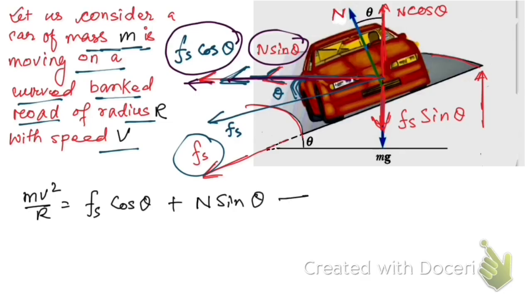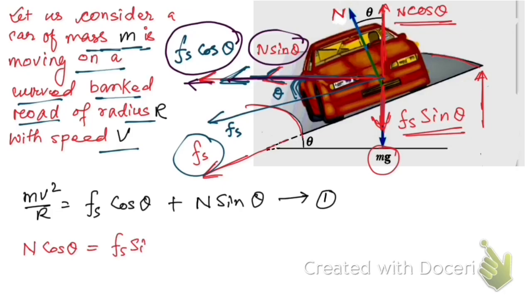This is equation number 1, and another is, now you see this mg plus Fs sin theta is going to be equal to n cos theta. So here we can write that n cos theta will be equal to Fs sin theta plus mg, because this car is not moving upward or downward, so that's why these two must be equal.